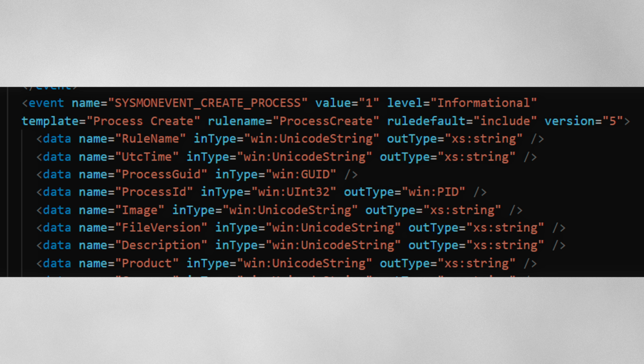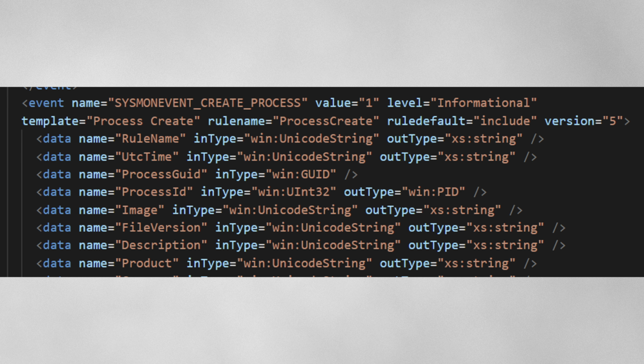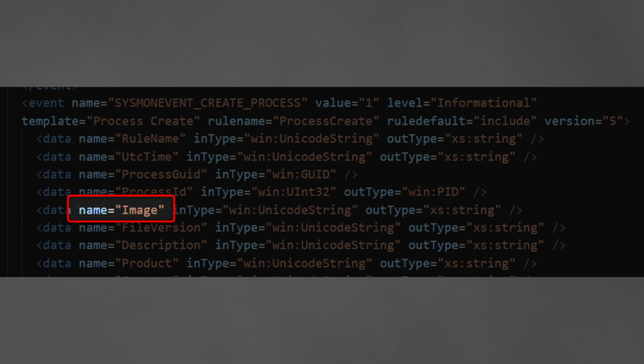Now, when we take a look at the information in terms of the fields for the event, there are 2 specific parameters that we need to look at in detail. One of them is going to be the name, the name of the field that we're going to be filtering for, and also the out type.